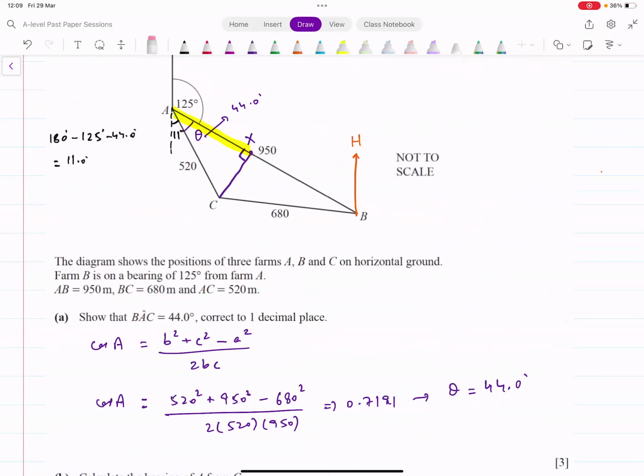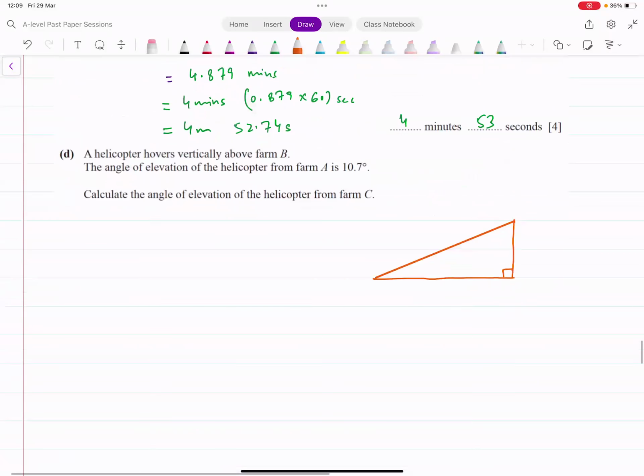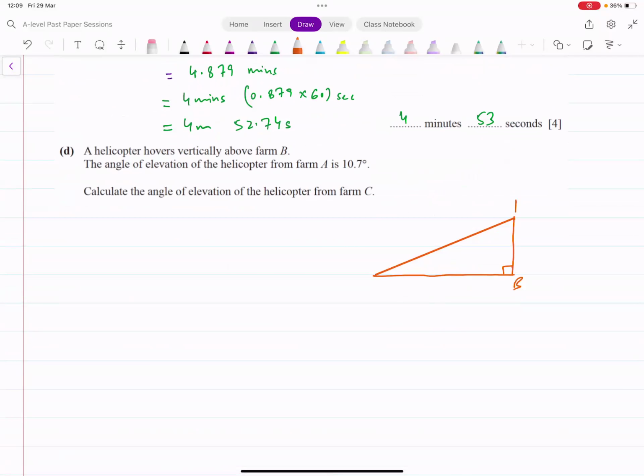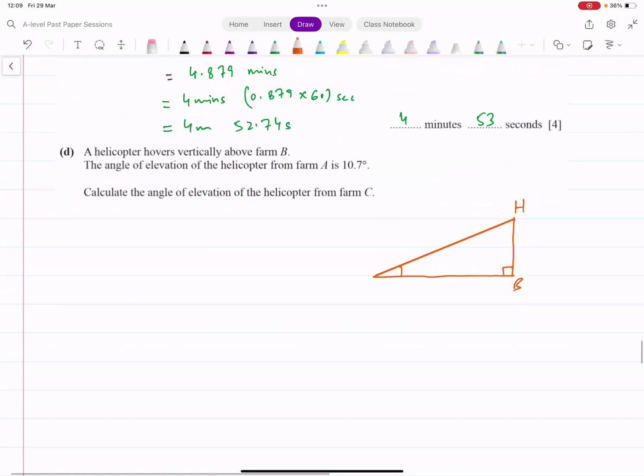So B is this point where you have a perpendicular. The top of B is the helicopter. Let's call that point H. This angle of elevation is given to be 10.7 degrees.